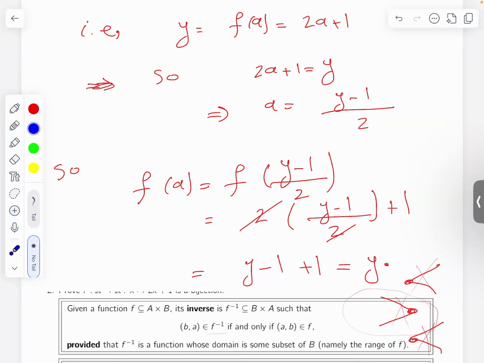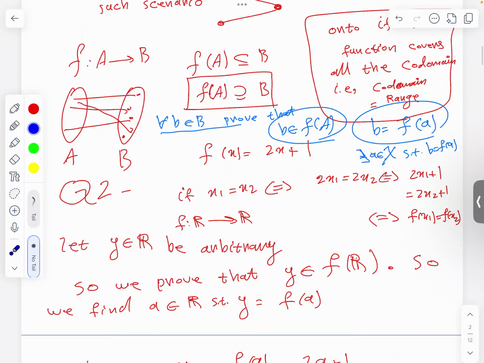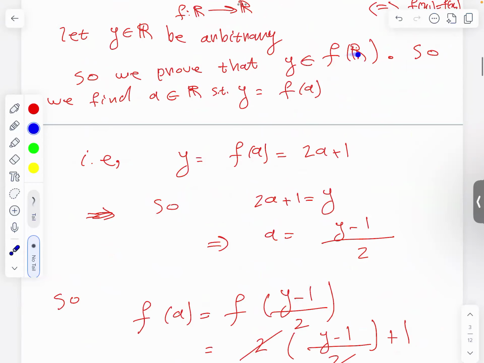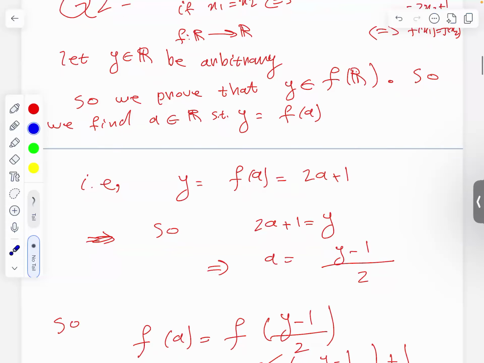So we found an a from the domain such that if f acts on that, it will give y. So this means y belongs to f of A, or f of R in this case. So this means f is also surjective.